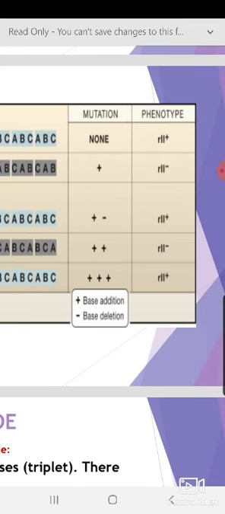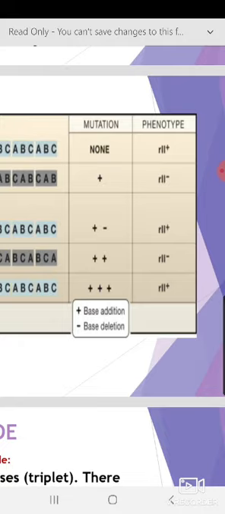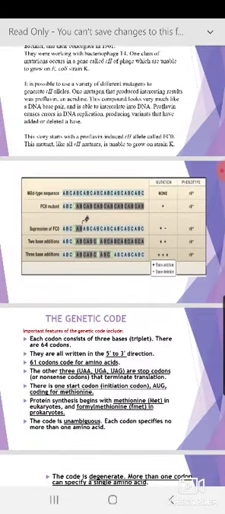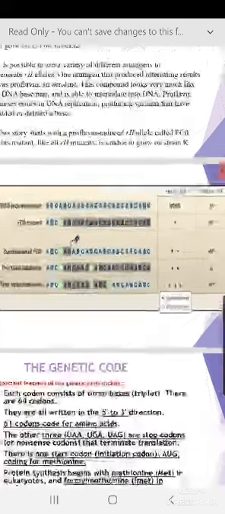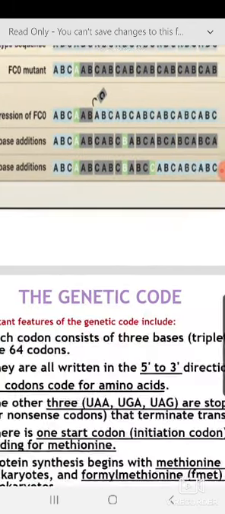That means it is the correct phenotype. So insertion of 3 bases as well as deletion of 3 bases restore the phenotype of the R2 gene, which gave an idea to Francis Crick to postulate that the genetic code is a triplet.